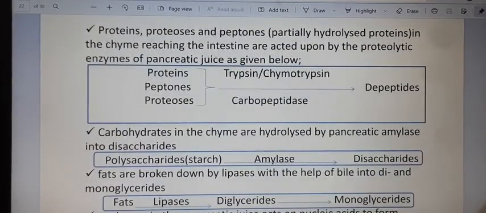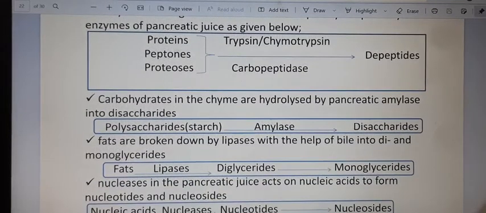Then proteins, proteoses and peptones, which are partially hydrolyzed proteins in the chyme reaching the intestine, are acted upon by the proteolytic enzymes of pancreatic juice. Means when the food reaches the small intestine, the enzymes secreted by the pancreas act upon it.